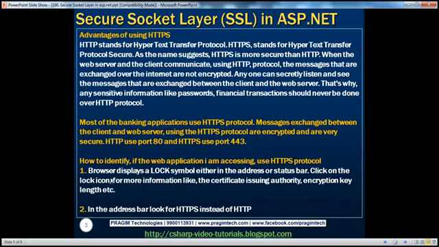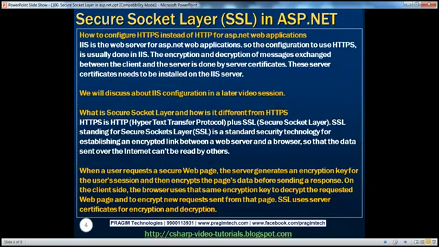So let's go back. There are two ways to identify if a web application is using the HTTPS protocol. One is that the browser displays a lock symbol, and the other is to look for HTTPS instead of HTTP in the address bar. So how do we configure HTTPS instead of HTTP for an ASP.NET web application? We usually deploy ASP.NET web applications to IIS, the web server used for ASP.NET web applications.